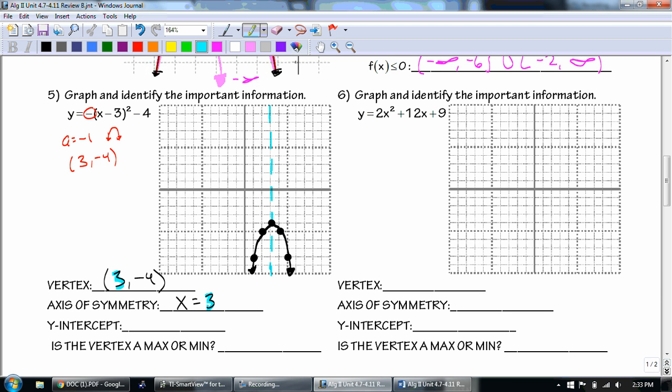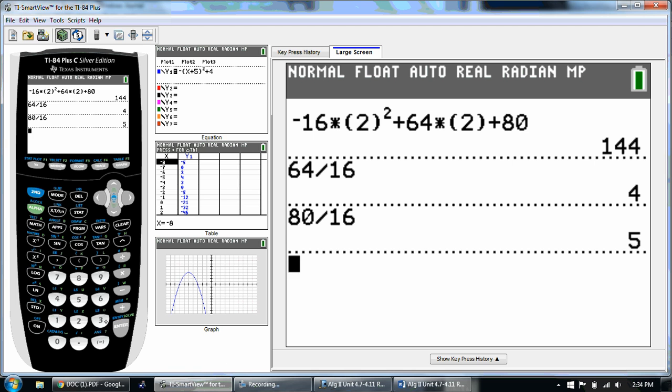Now my y-intercept, I can't see my y-intercept, so when I can't see it, I need to plug in 0. So we would say that y equals negative (0 minus 3) squared minus 4. And you can either do it in your head or you can do it in your calculator. Okay?